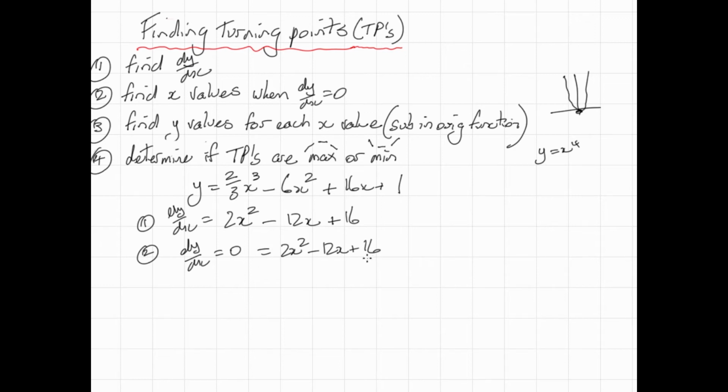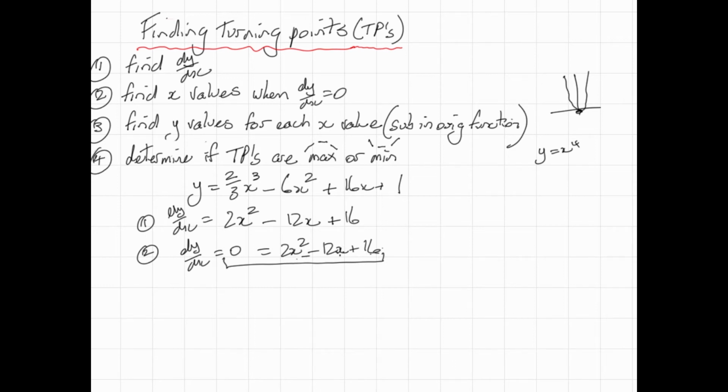Okay, I've got to solve this. I've got an equation. First thing I'll look at is, can I divide right through by something? And yes, I can. Now, you can't divide right through by x. If this was an x cubed, an x squared, and an x, you can't divide right through by x because you'll lose a value.